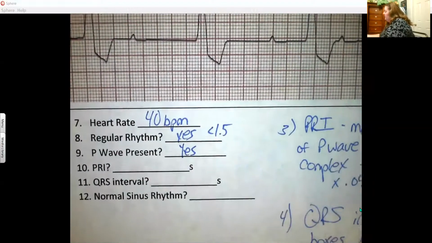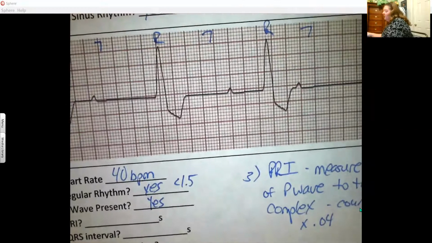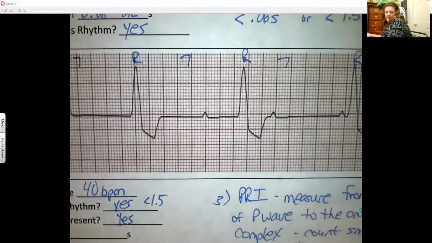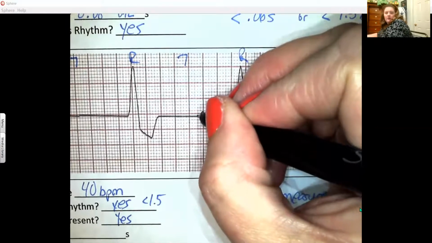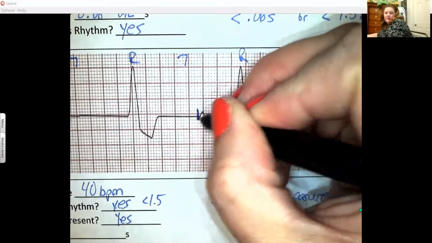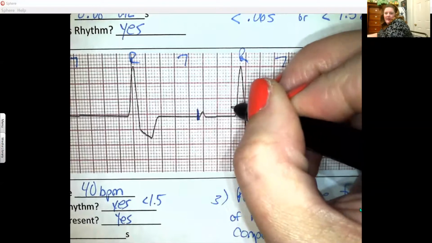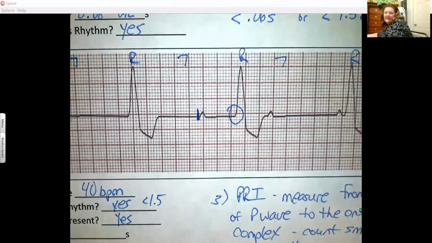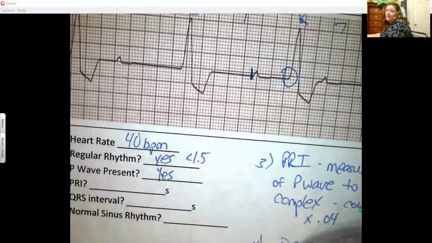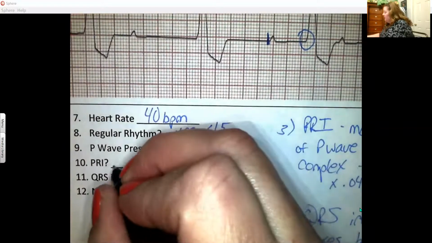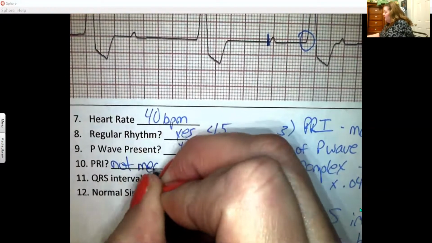And then when we get to the PRI, remember the PRI, and I'm going to go find this guy here, is the onset of P, so a little closer, right about there, and then onset of Q. I don't really have a Q. There's no real distinguishing Q here. Because I can't find a Q, I can't measure the PRI, so we say not measurable.